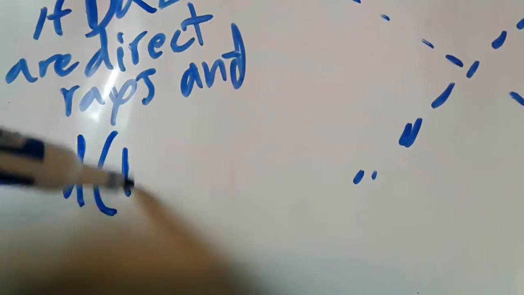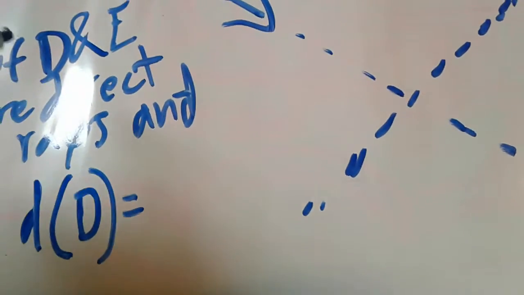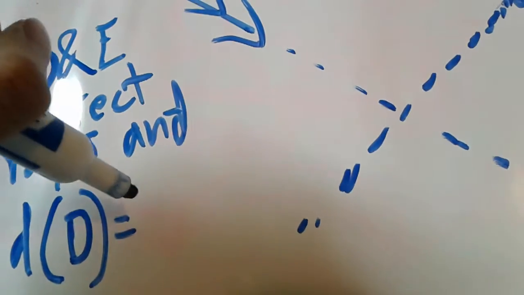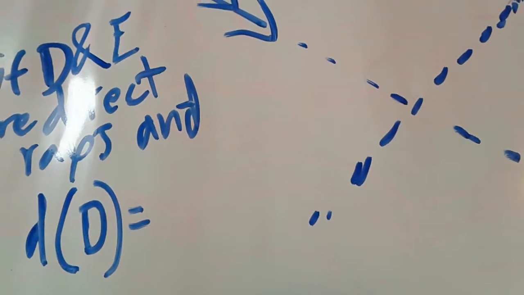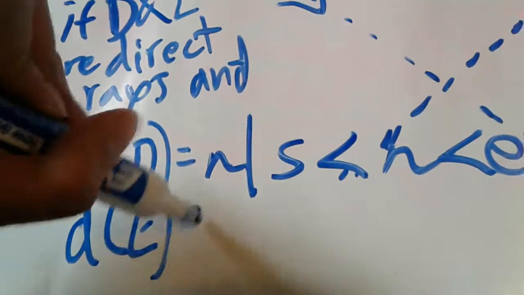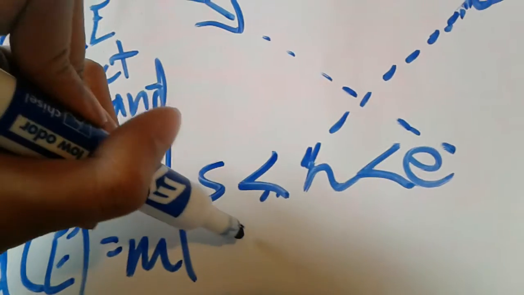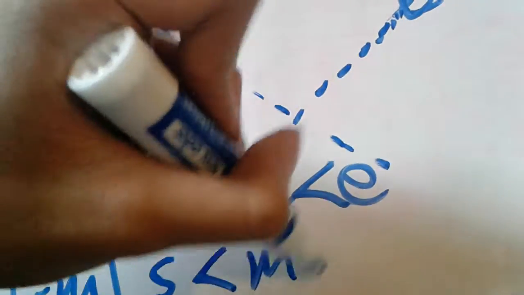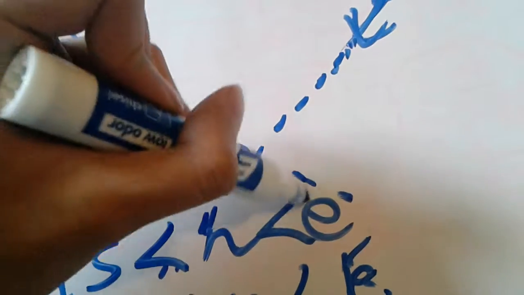So the direction of D is equal to N, such that D is between south and east. So S is less than N is less than E, and the direction of E is equal to M such that south is less than M is less than east. And in that way, now we know about the direction.